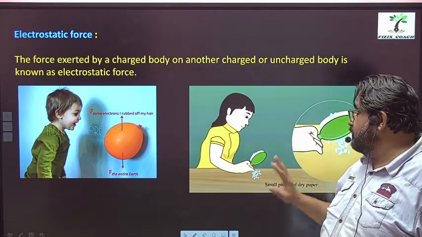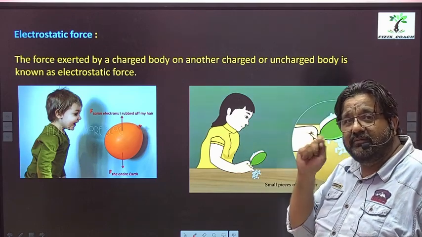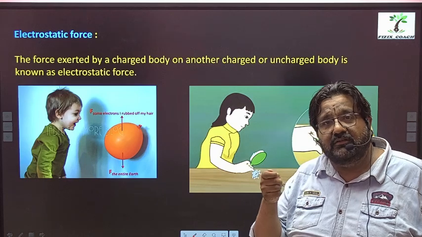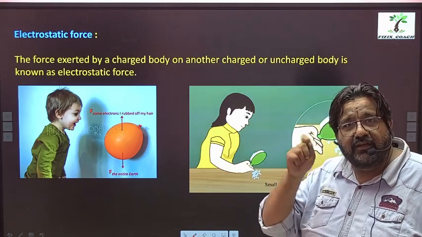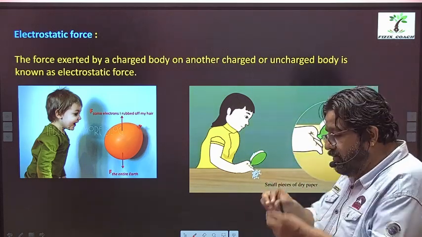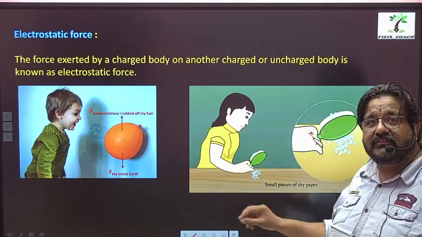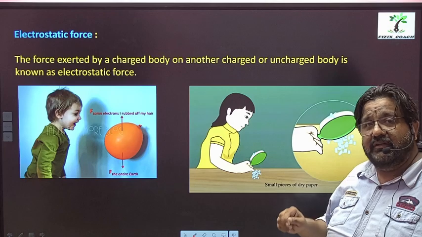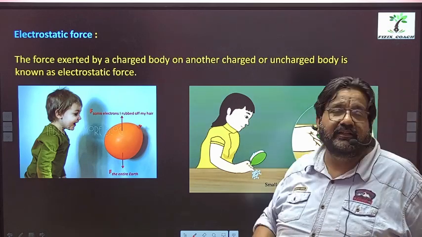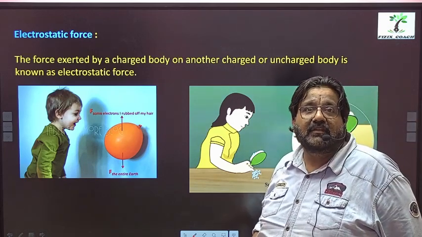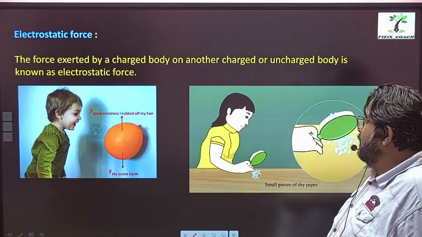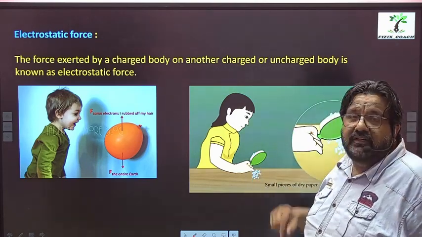Similarly, this game you must have tried. You can rub the comb, or you can rub a plastic scale on your head, and then you can try picking up the small pieces of paper, and you'll find that the scale starts attracting the small pieces of paper. Now this is happening because of the electrostatic force.